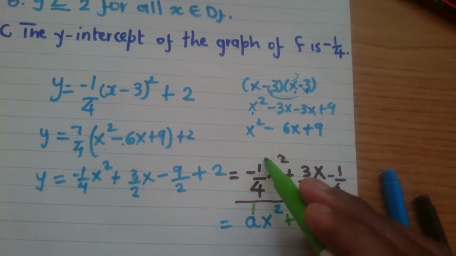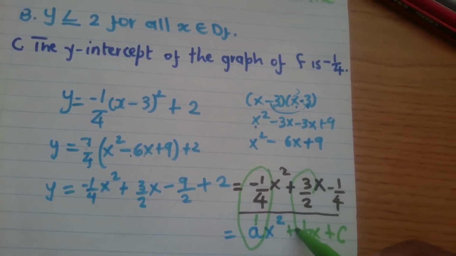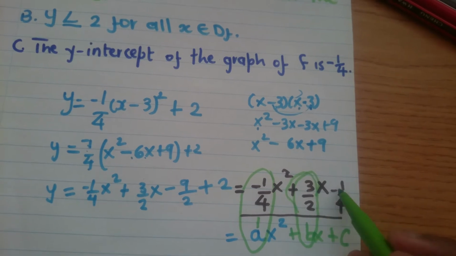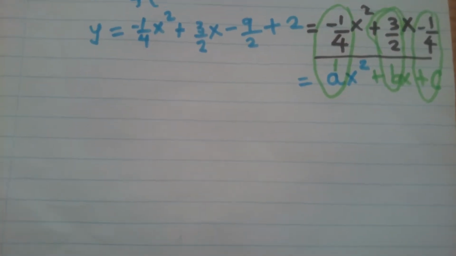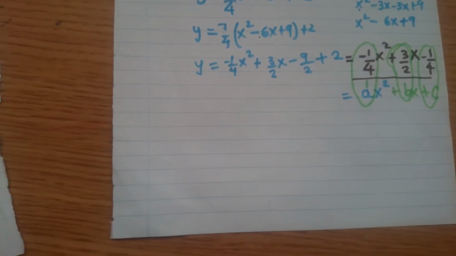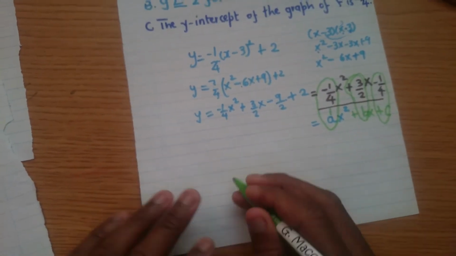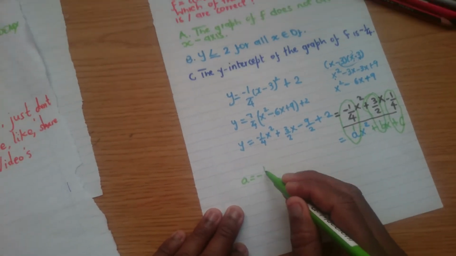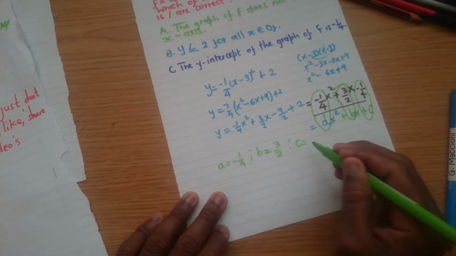Our a equals -1/4, our b equals 3/2, and our c equals -1/4.